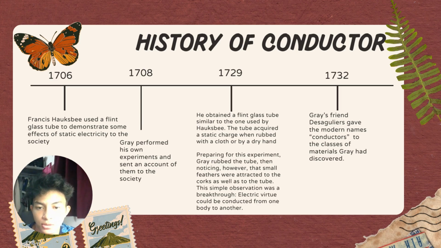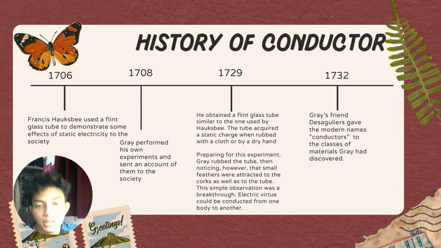This simple observation was a breakthrough. Electric virtue could be conducted from one body to another, and it means that the material of the conductors allows the electric flow through the material.